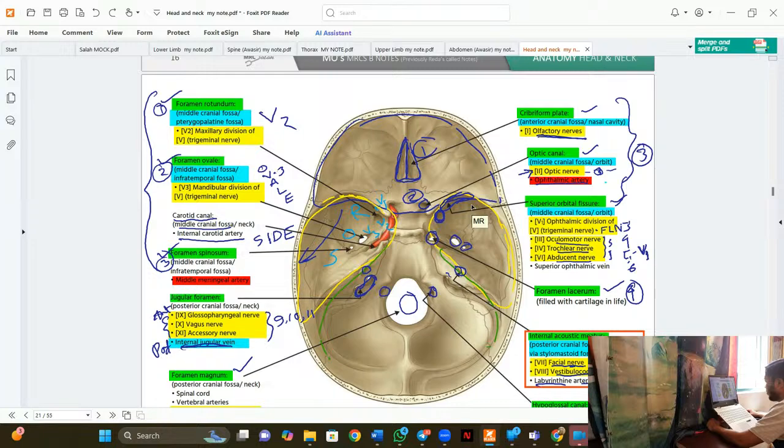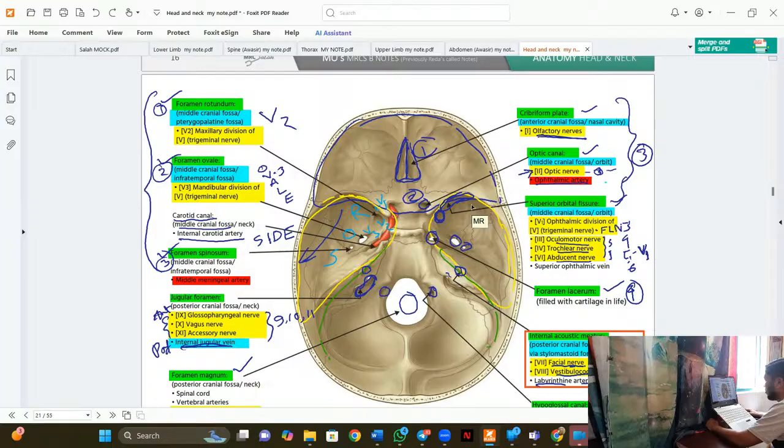Just now we have read the superior and inferior division of the oculomotor nerve, the superior and inferior ophthalmic veins, the frontal, lacrimal, and nasociliary branches of the ophthalmic division of the trigeminal nerve, and the trochlear and abducens nerves.